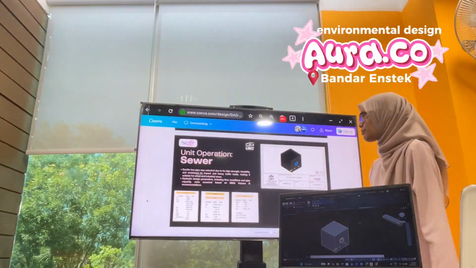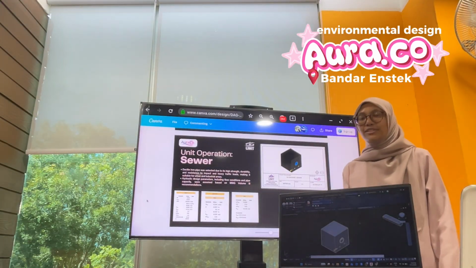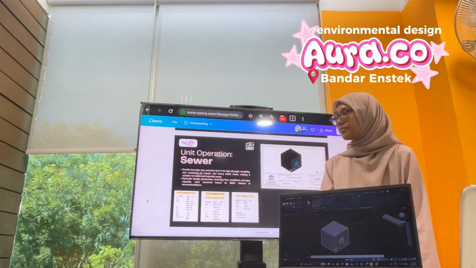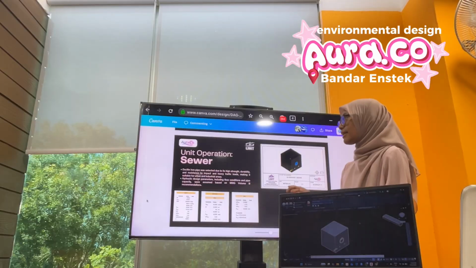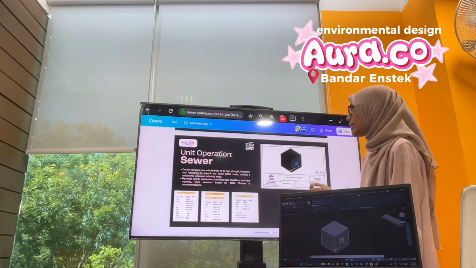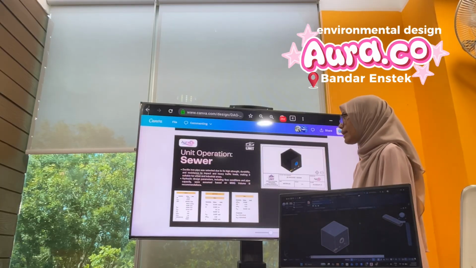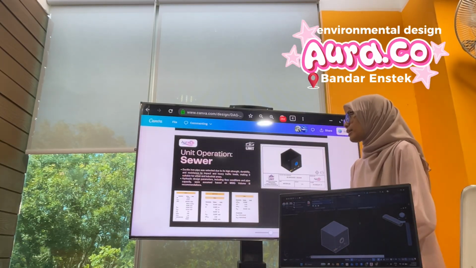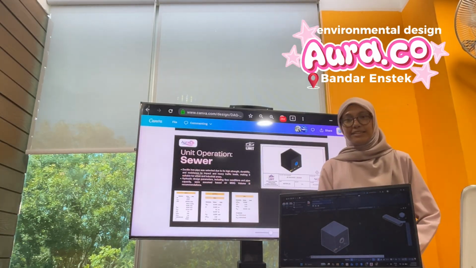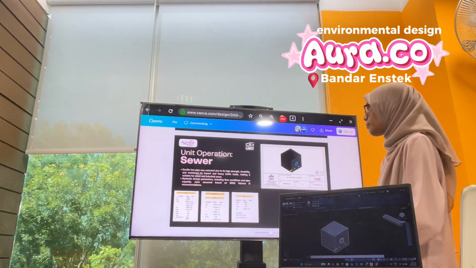Okay, so this is our final design of first unit operation, which is civil. Ductile iron pipe was selected due to its high strength, durability and resistance to impact and heavy traffic load, making it suitable for urban and industrial area for Bandar and Stack.